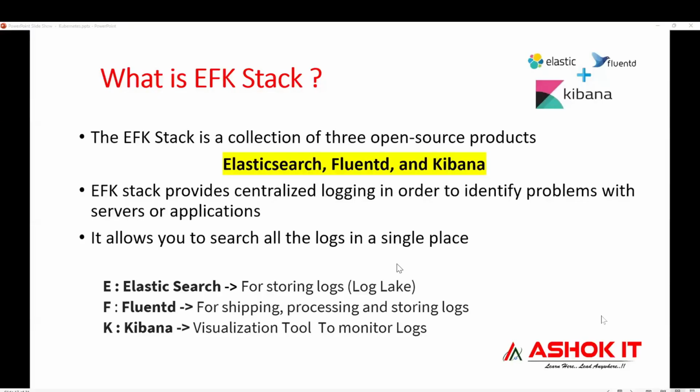The next one is Fluentd. So what is the meaning of Fluentd? Fluentd is used for shipping, processing, and storing the logs. Then Kibana. Kibana is also a visualization tool to monitor the logs.